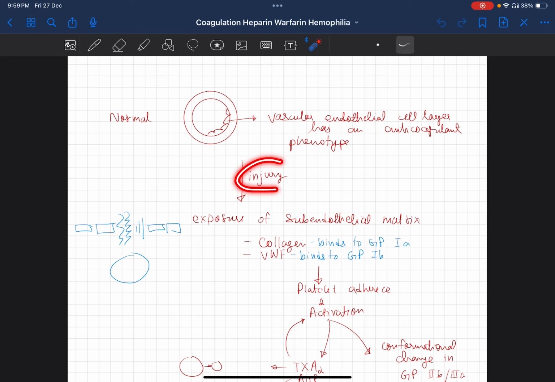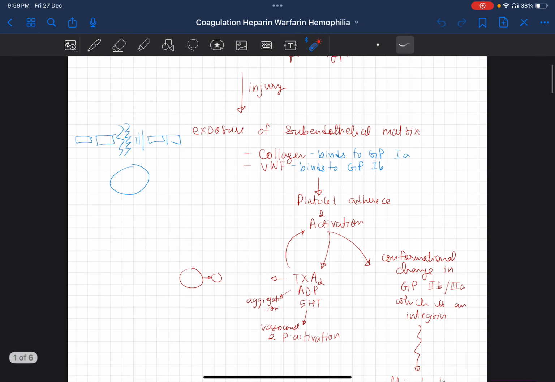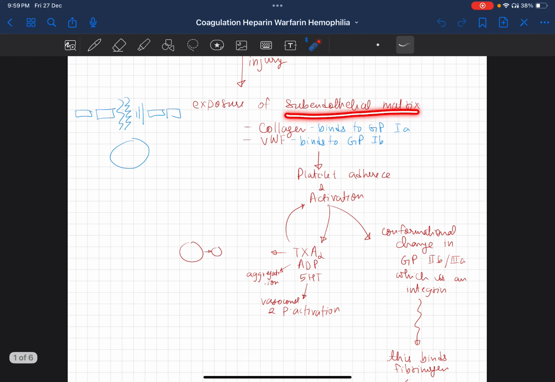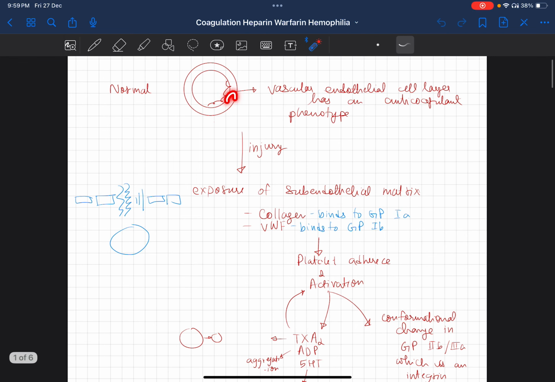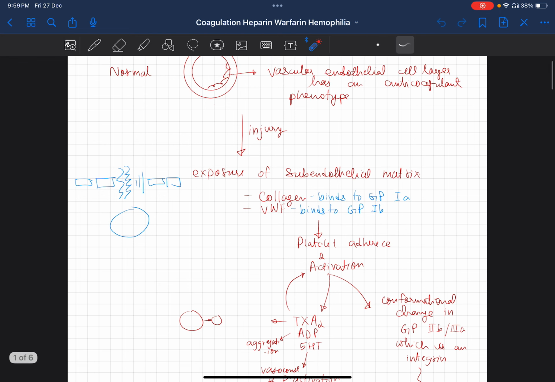Now, after there is an injury to the endothelium, there will be exposure of the subendothelial matrix. Whatever is below the endothelium will be exposed to the blood. Now, you will have platelets flowing in the blood. Your story starts with the platelet. The collagen in the subendothelial matrix and the von Willebrand factor will bind to glycoprotein receptors present on the surface of your platelets.